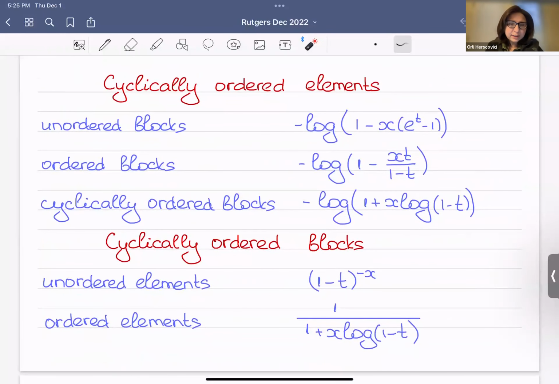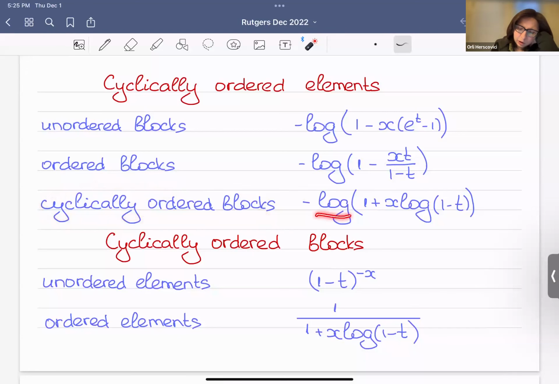Before we consider the generalization of set partitions, let's consider generating functions describing those cases. If our elements are cyclically ordered, we have 3 different cases. Either blocks can be unordered, then we have the generating function with 1 log and 1 exponent, ordered blocks in 1 log function, and finally cyclically ordered blocks.